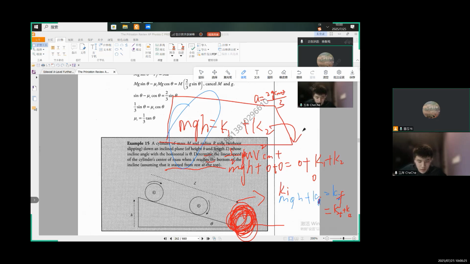It's coming from the kinetic energy, but m becomes inertia and v becomes omega, so this is my kinetic energy for rotation. Mass becomes inertia I, right? So now it is 1 over 2 mv squared plus 1 over 2 I omega squared, right?